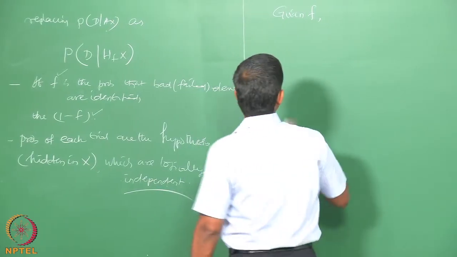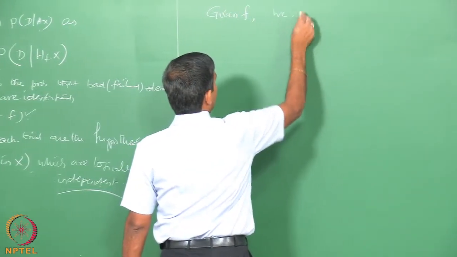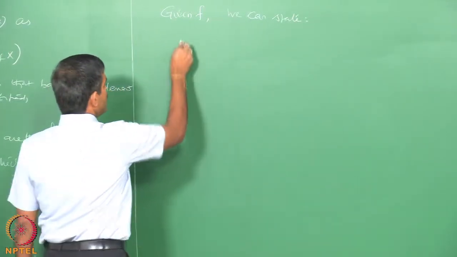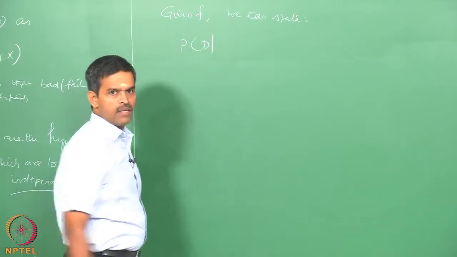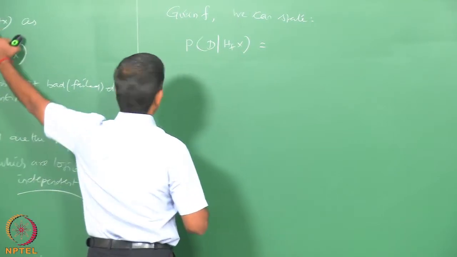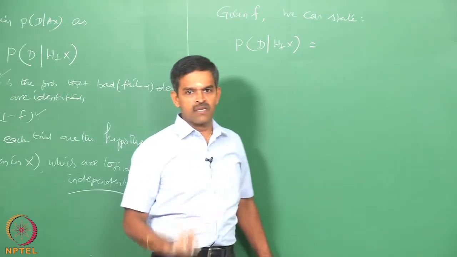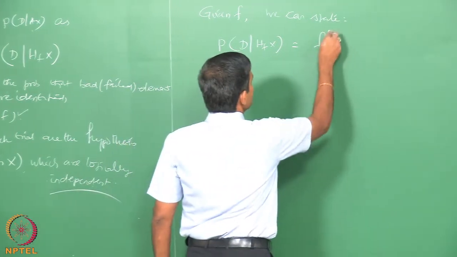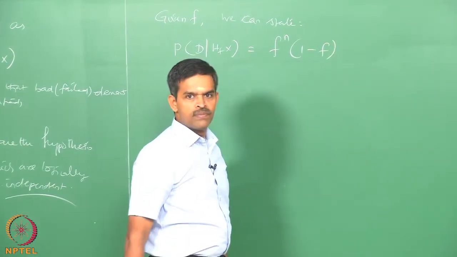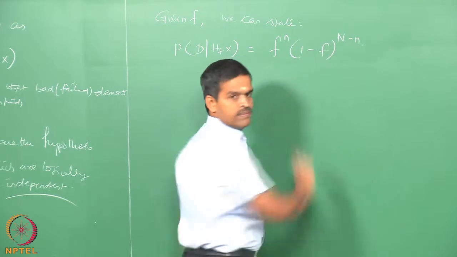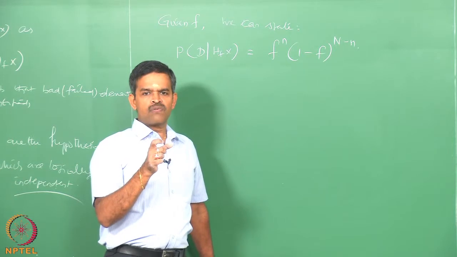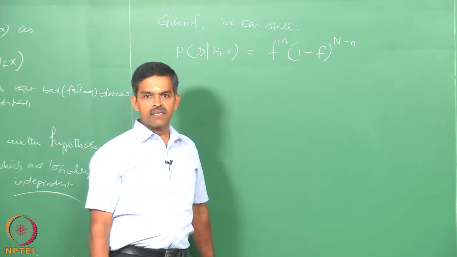Given f, we can state the probability of D given H of x, which is the hypothesis which has replaced A of x, where D is the test results, is nothing but f to the power n times 1 minus f to the power N minus n, where N is the total set of offshore structures we inspected and n is the number that has failed.